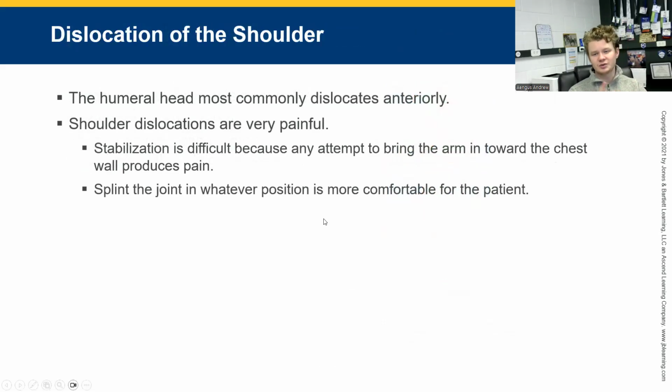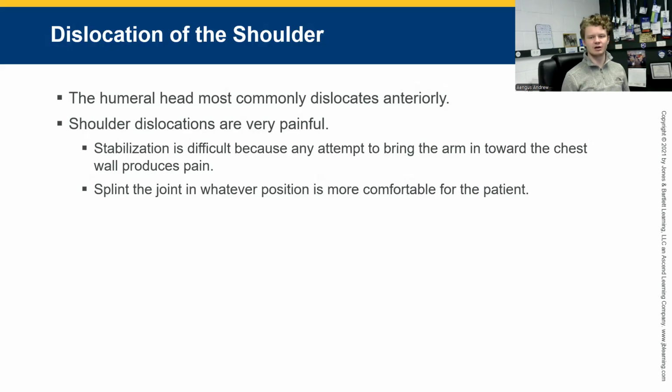Shoulder dislocation. We talked about these a little bit today in class. Usually we have anterior dislocations. They can be pretty painful. And our normal treatment for a shoulder injury, we usually think is sling and swath. But when our shoulder joint is dislocated like this, trying to get the arm into this position can be pretty painful. What we often end up doing with these patients is splinting them just in whatever is the most comfortable position.